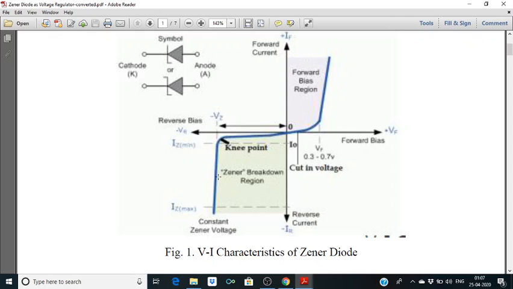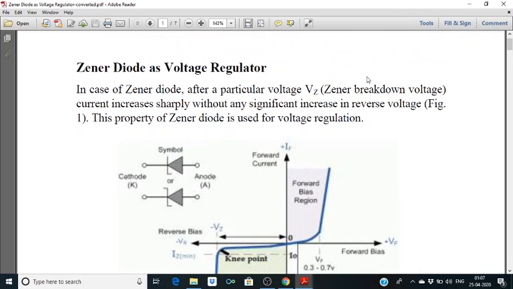Current will increase abruptly, but the voltage will remain constant. This property we utilize for voltage regulation, that current increases sharply without any significant increase in reverse voltage.